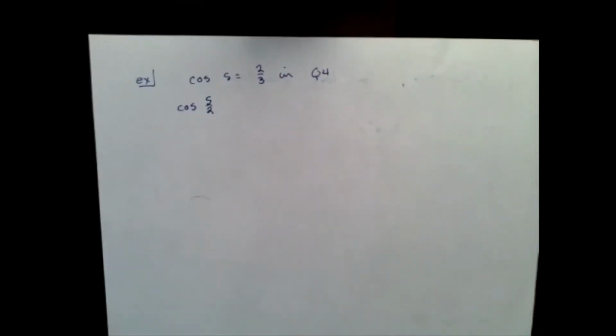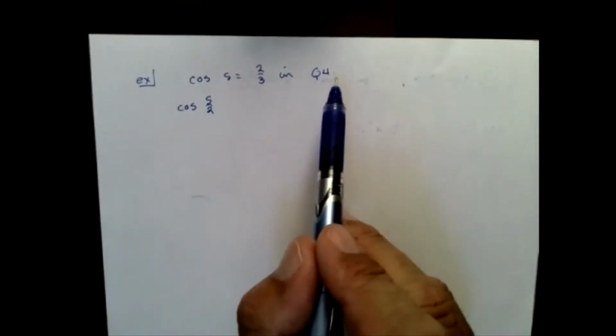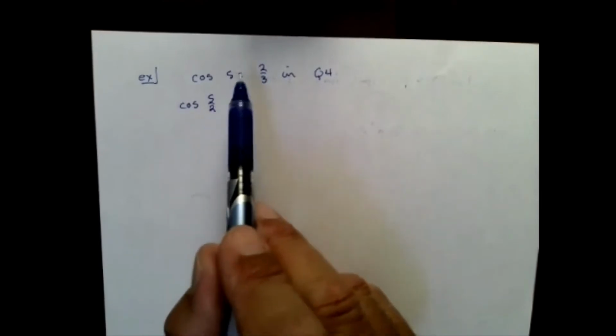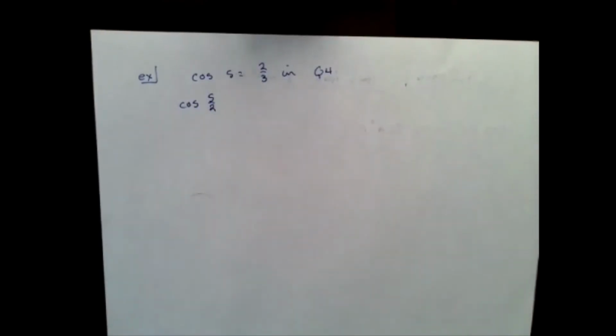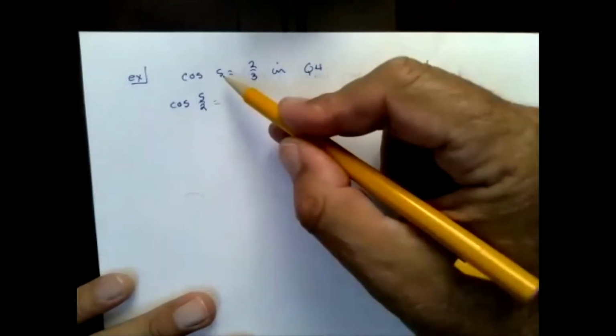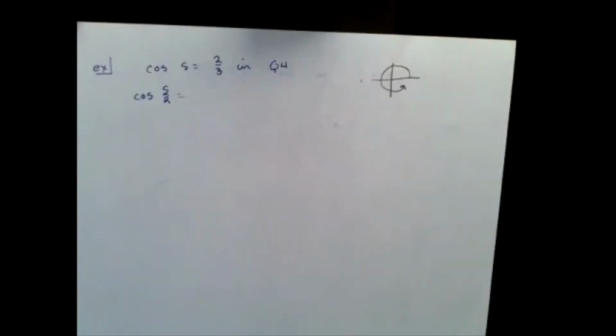What is the cosine of S over 2? Well, if S is in quadrant 4, what quadrant will S over 2 have to be in?